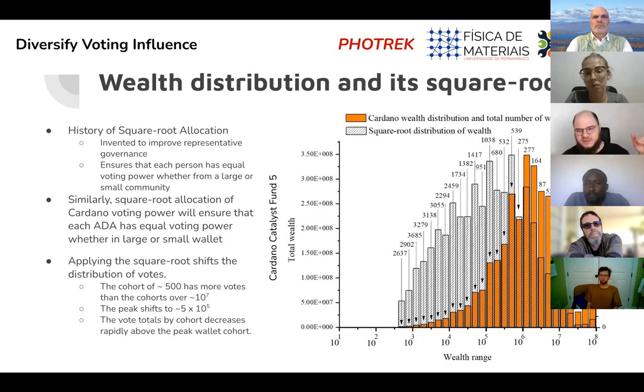You are going to increase the influence of smaller wallets, as you can see from orange with almost nothing to the first dashed bar here from left to right. And you are going to decrease the influence of those big wallets. And this is the square root model of allocation of voting power.